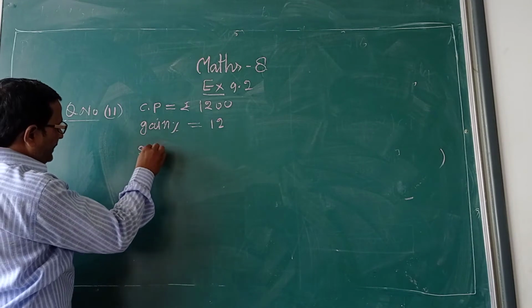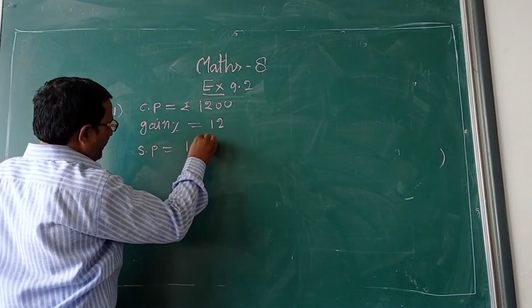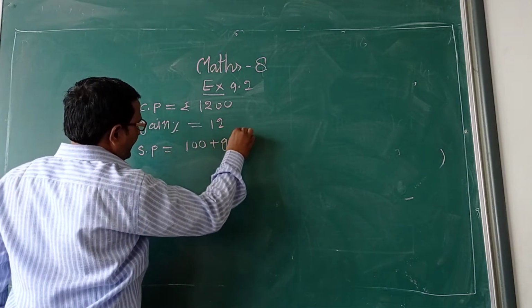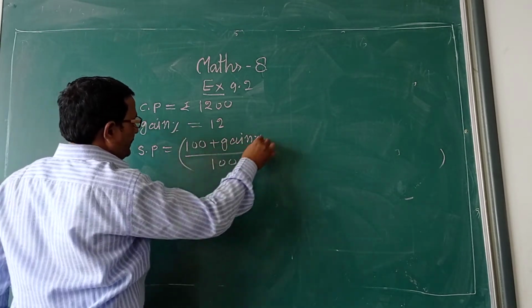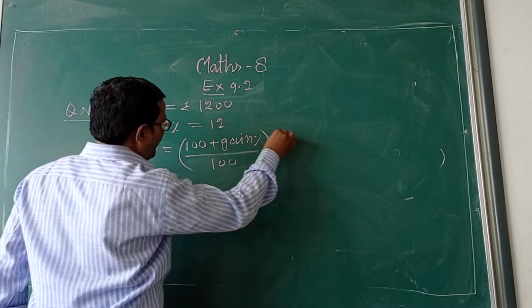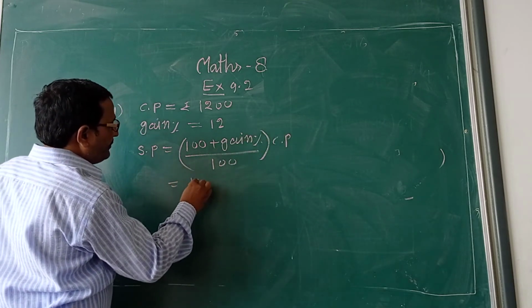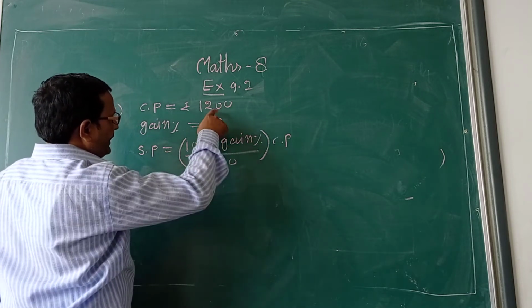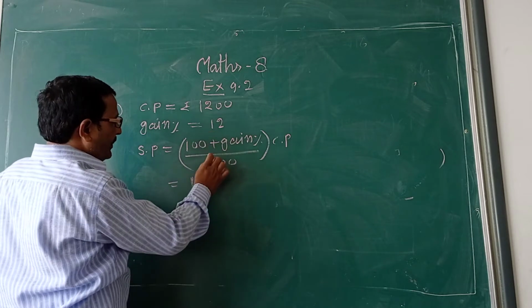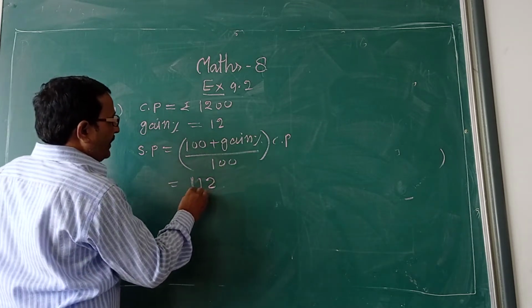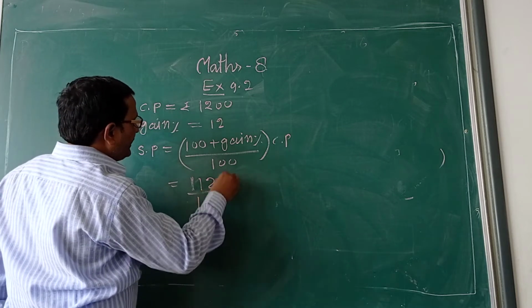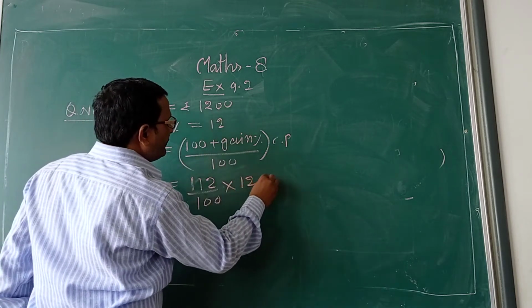Now SP is equal to 100 plus gain percent upon 100 into CP. Gain is given 12%, meaning 112 upon 100 into CP, which is 1200.